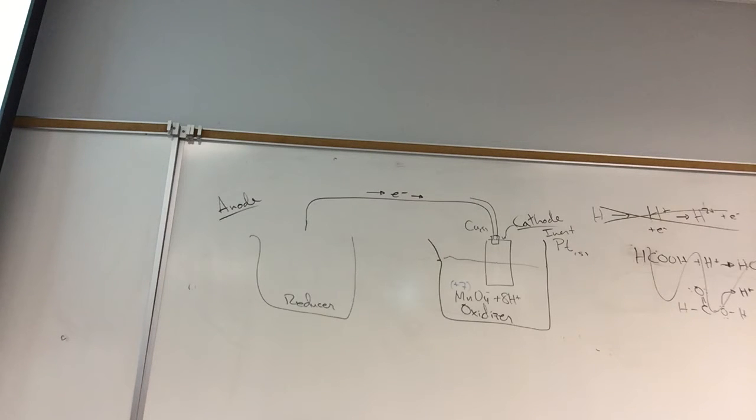Lead 2 to lead 4 is not that common. Chromium? Chromium what to chromium what? Chromium 3, chromium 6. Okay, that one isn't as common because this one is going to involve a more complicated reaction. 2 chromium 3s plus 7 waters gives us a dichromate.